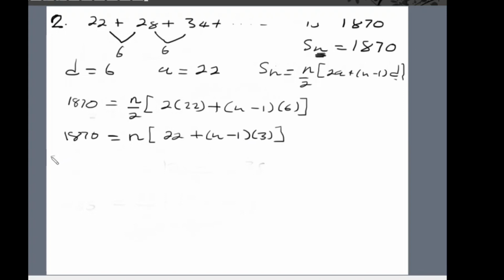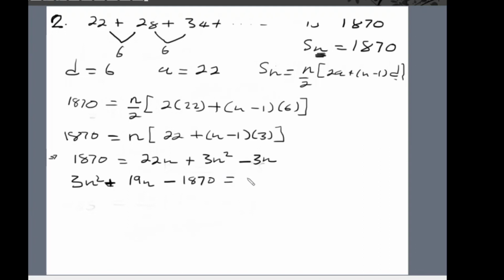So which implies that 1870 is equal to 22n plus 3n squared minus 3n, right? So 3n squared plus 19n minus 1870 is equal to 0.